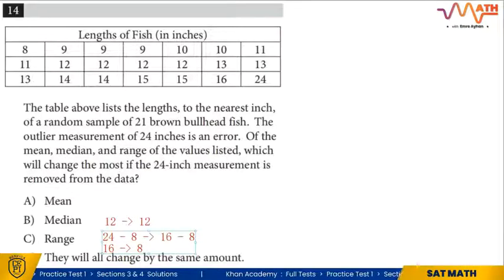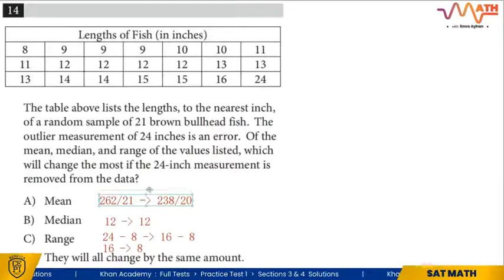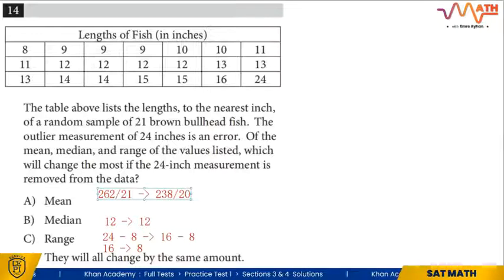Total is 262. So first the mean was 262 divided by 21, and when we subtract 24, then 238 divided by 20. See the changes now. The average is like 12.5. It is like 12.5. And what?